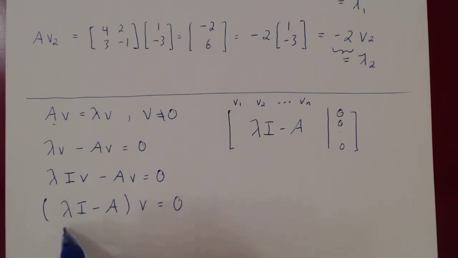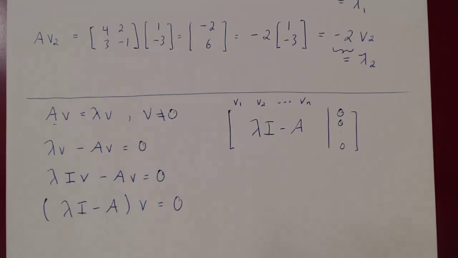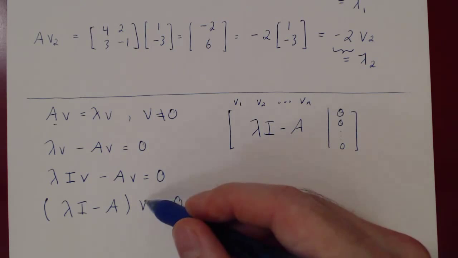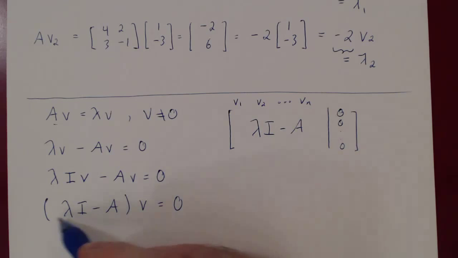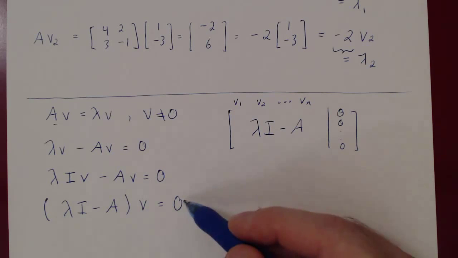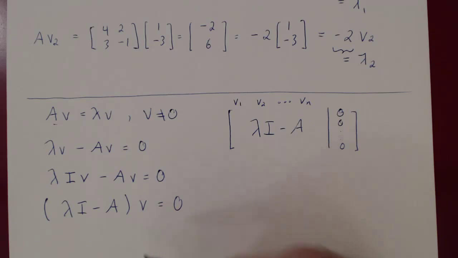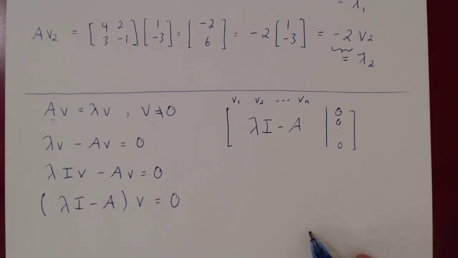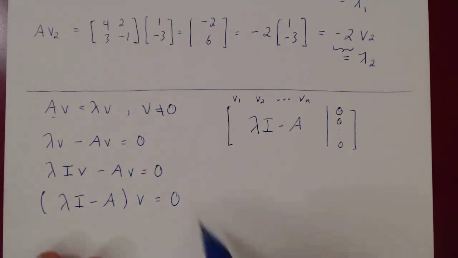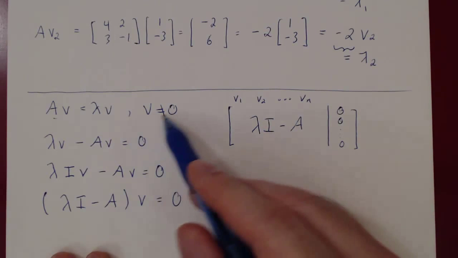The question is, how do we find the values for lambda? Look at this linear system. The vector v must be a non-zero vector. If you set v to be the zero vector, this matrix times the zero vector equals the zero vector. So the zero vector is a solution, and if we are looking for eigenvectors, there must be another solution which is non-zero.